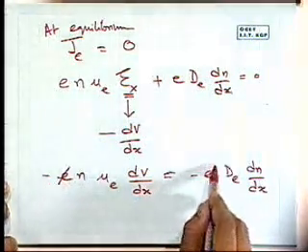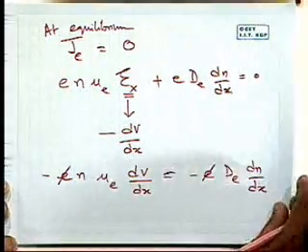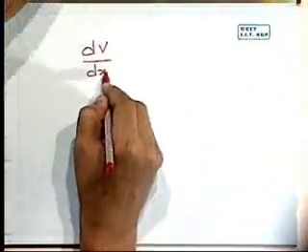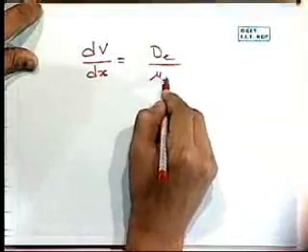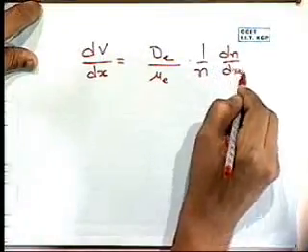And if we simplify this out, we'll get that dV/dx, the two minus signs also cancel out, is equal to D_e over mu_e times 1/n dn/dx.